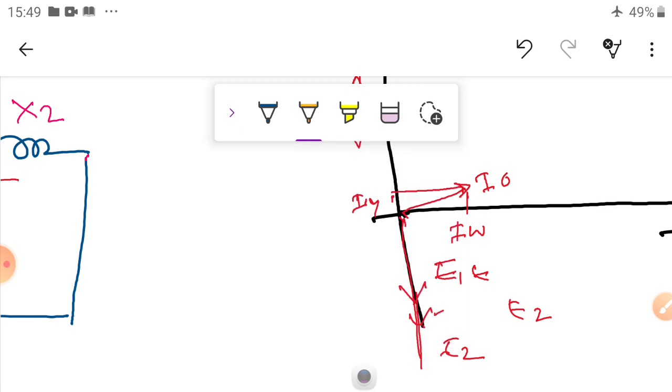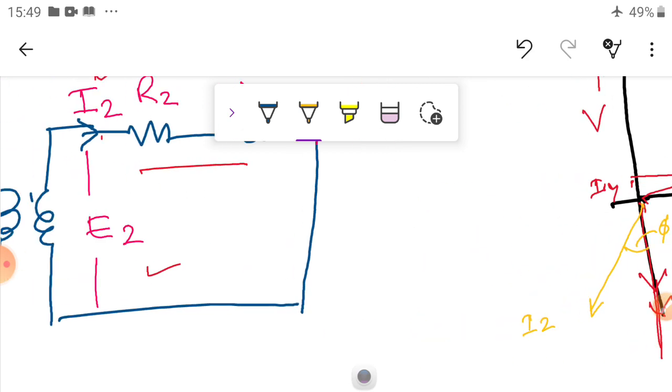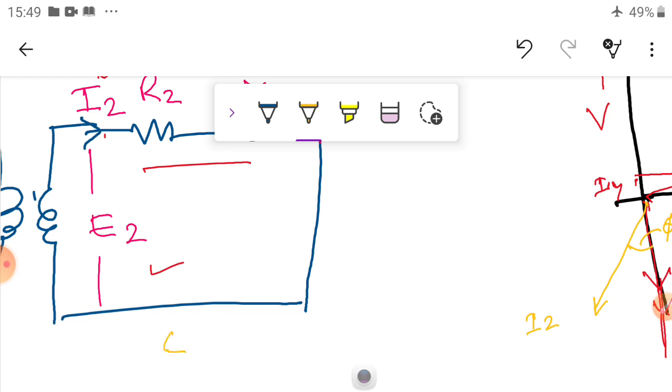On the secondary side, for example, this is the current I2, lagging by some angle phi 2. So E2 and I2 lag by some angle phi 2 in the secondary.